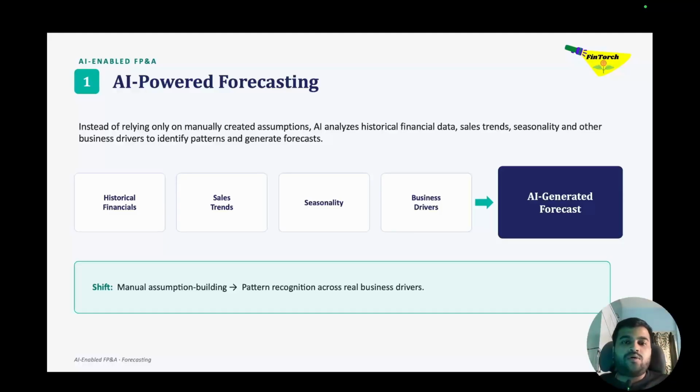And now the cycle time is reduced based on the AI capabilities to skim through the data at a large scale and at a huge speed as against humans, and also generate insights from it, which is helping here in AI powered forecasting.